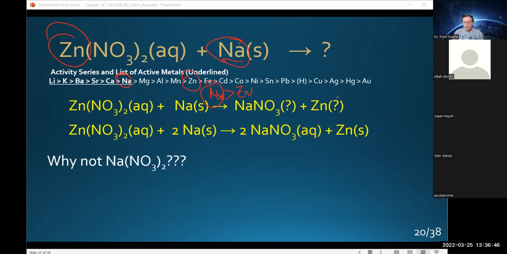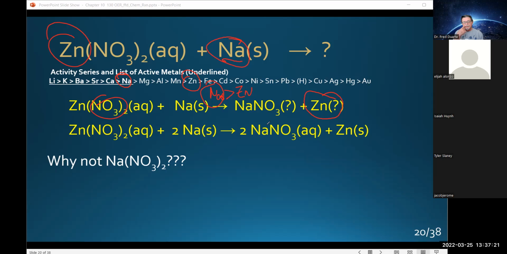So zinc automatically goes to its elemental form. In this case, we're basically plating, if you will, removing zinc. This is one way to get pure zinc out of a solution, if that is what you're striving to do. Then the sodium partners up with the nitrate. Nothing happens to the nitrate. They're what we call spectator ions. They're there to counter the positive charge.